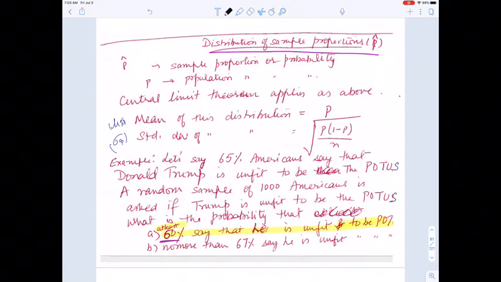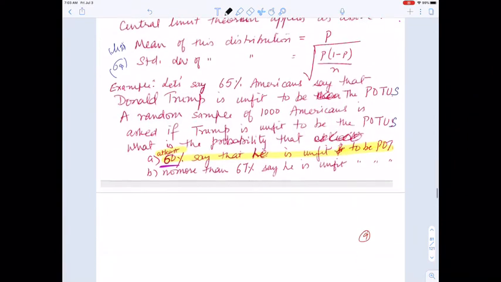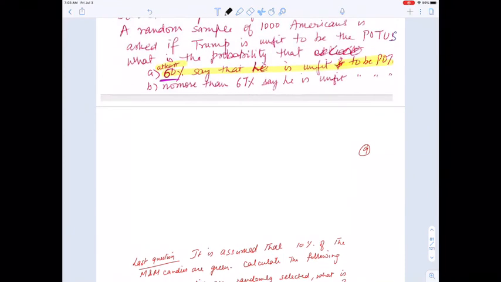Now, an extension of the binomial distribution is the sample proportion distribution. What is this distribution? In this, we are talking about sample proportions. So first, let's talk about proportions.